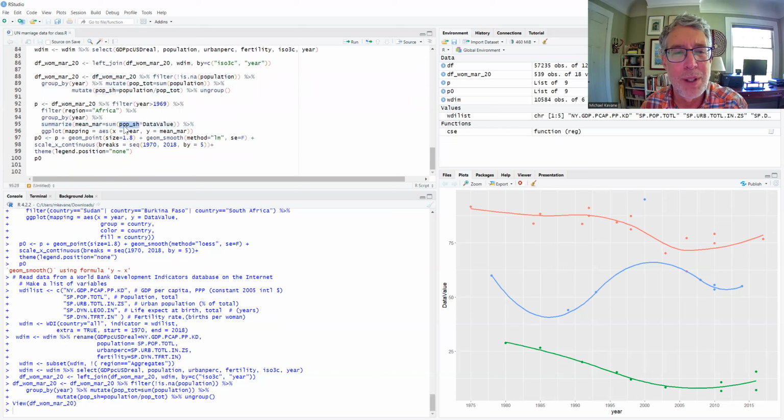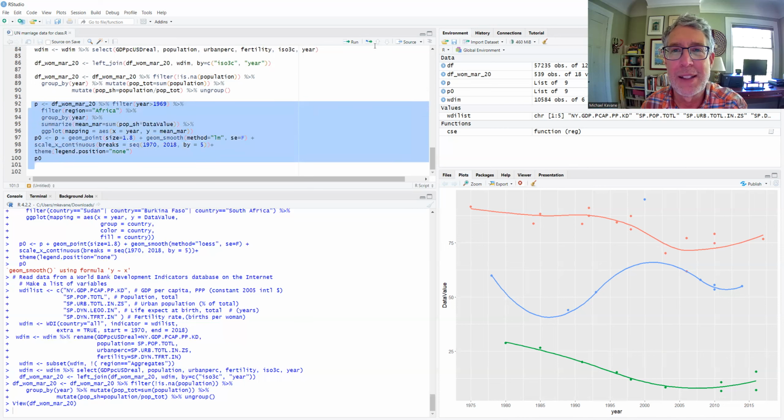We're going to multiply the population share by the data value share, and then calculate the mean of that by group. So we're going to calculate the weighted average of the marriage share weighted by population.